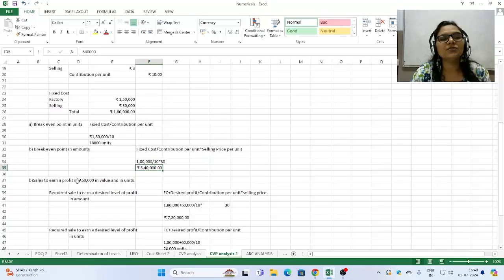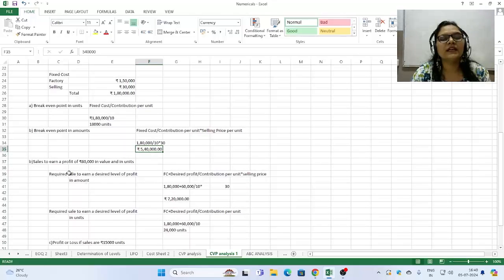Next is sales to earn a profit of rupees 60,000 in value and in units. Required sales to earn a desired level of profit in amount is fixed cost plus desired profit upon contribution per unit into selling price. It will give you rupees 7,20,000.